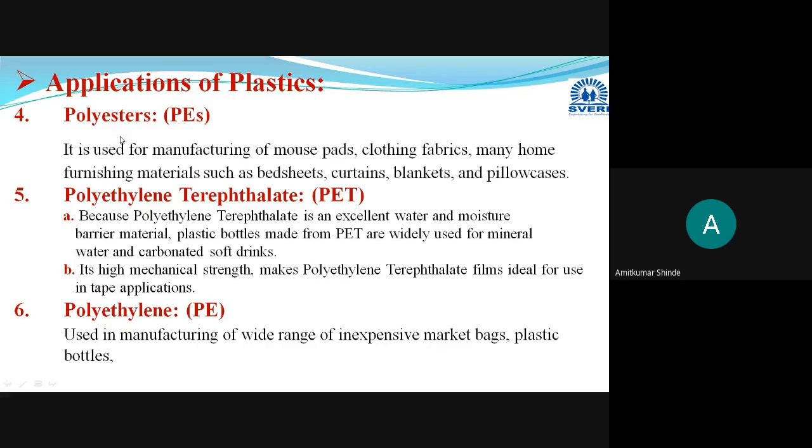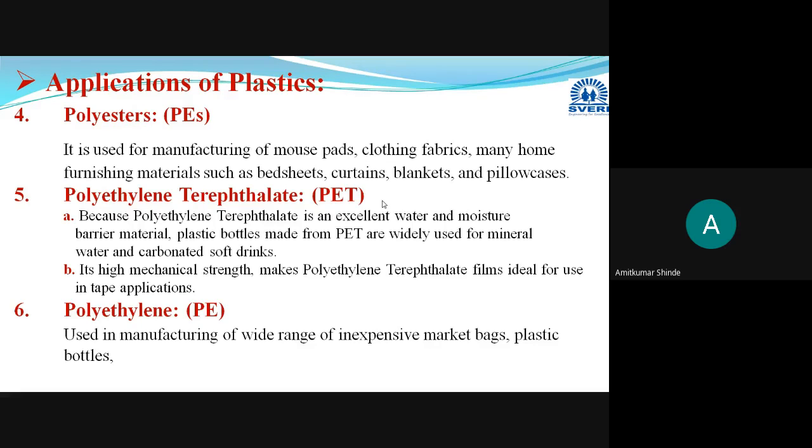These polyesters are generally used in the manufacturing of fibers and fabrics, the fabrics we use in clothing. Then, while using our computers or laptops, when you attach a mouse, the mouse pad is made from polyesters only.